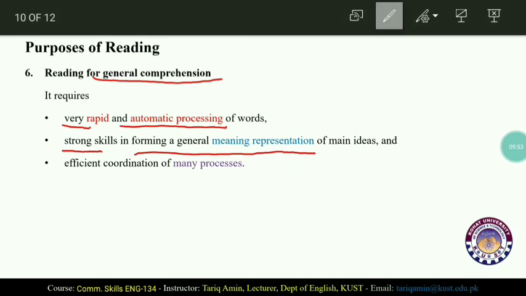It also requires efficient coordination of many processes. Many processes are involved when your purpose is to generally comprehend or understand a text.